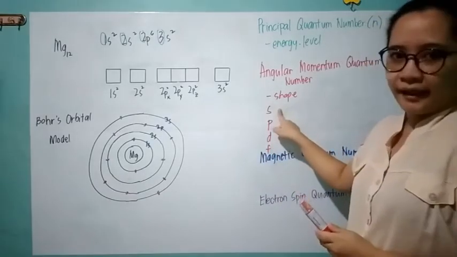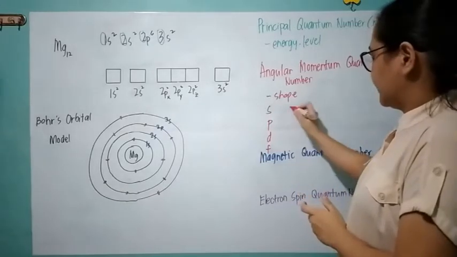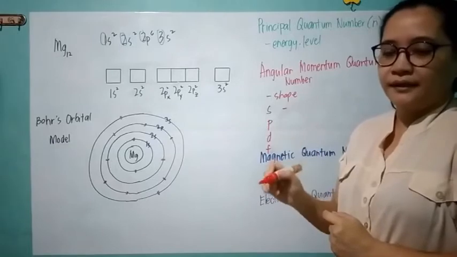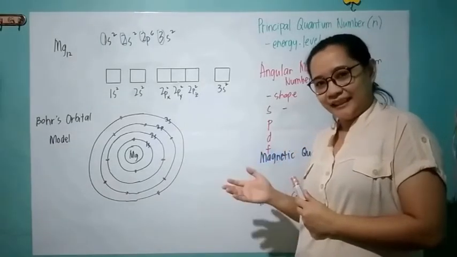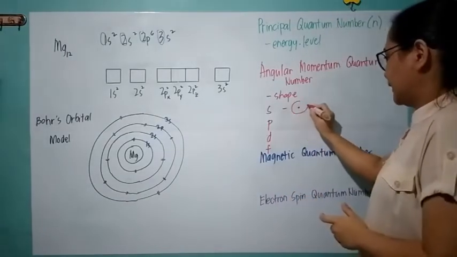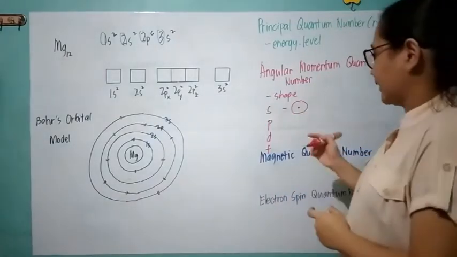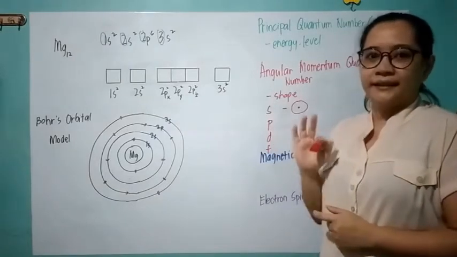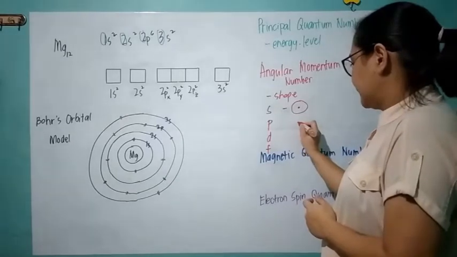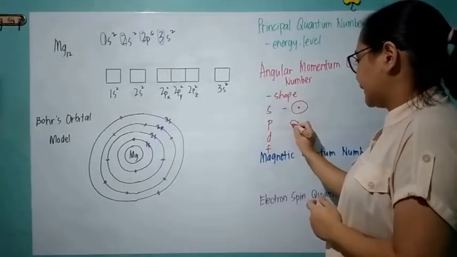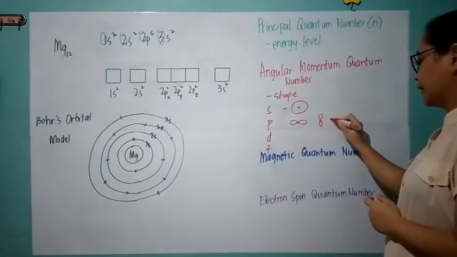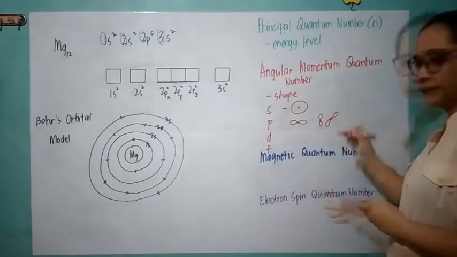S describes that the region where the electrons can be found is spherically symmetrical to the nucleus. This is how it looks like. P has 3 regions, which can either be, this is the nucleus, x region, y region, or z region.